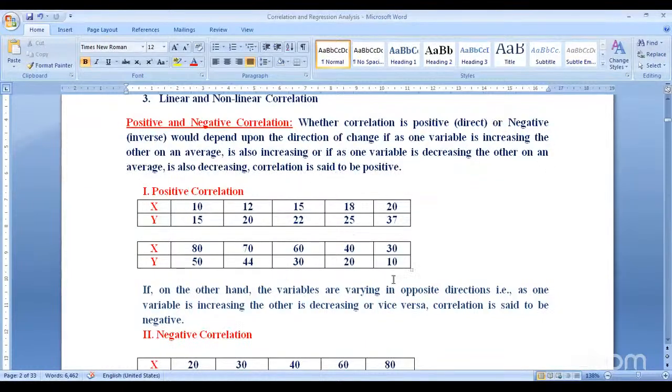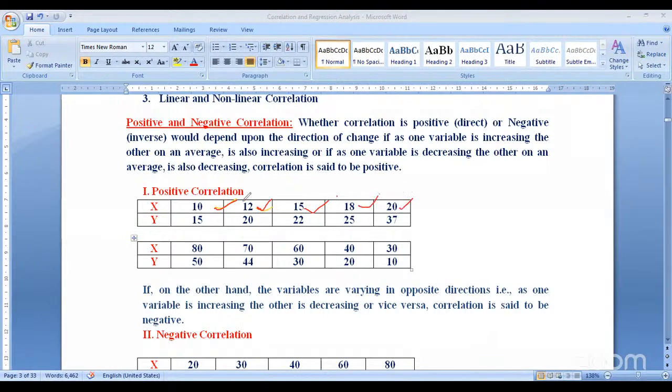So for example, here one variable is increasing. For example, the X variable is increasing here: 10, 12, 15, 18, 20. So it is increasing.